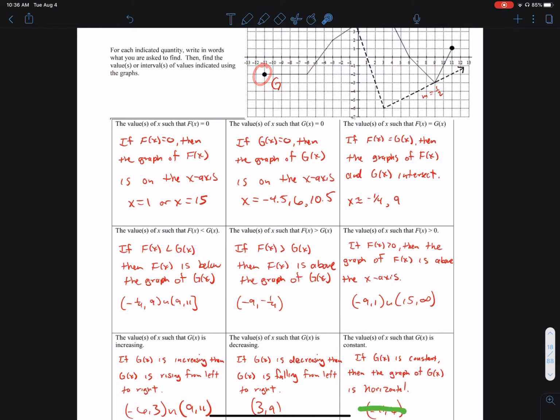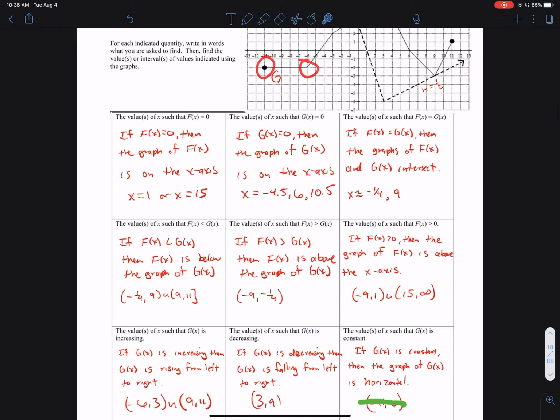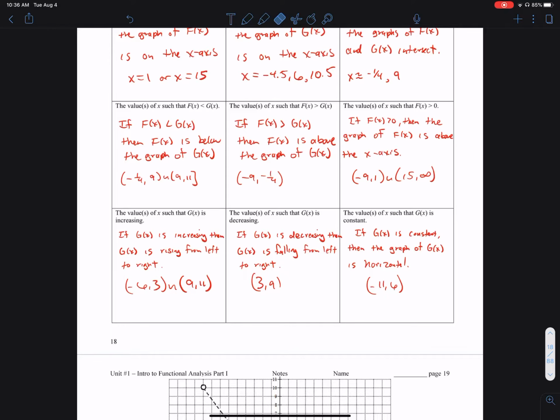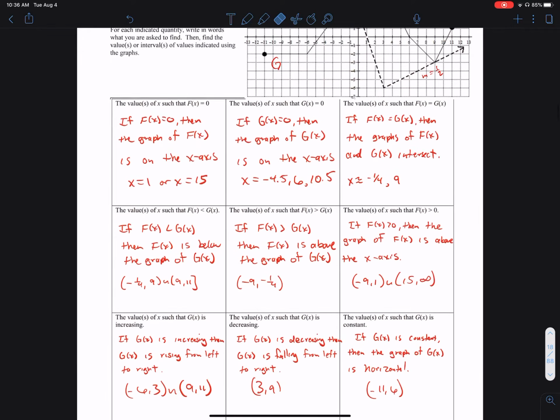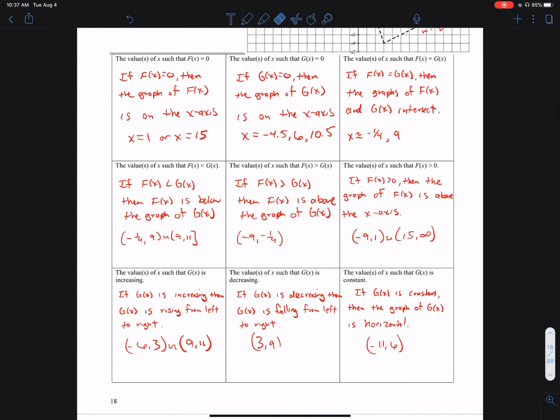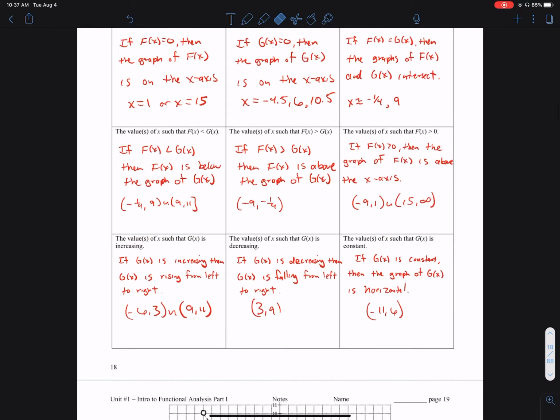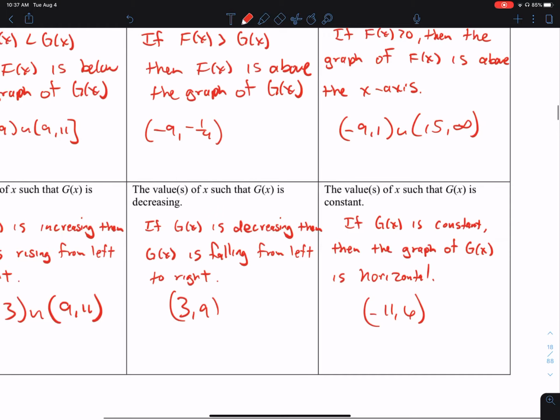Not inclusive here at -11, because we have to be able to compare things to the left and to the right to see if it's horizontal. To the left, we can't compare, so it's non-inclusive for the horizontalness. That says -11 to 6, but it should say -11 to -6. Typo.